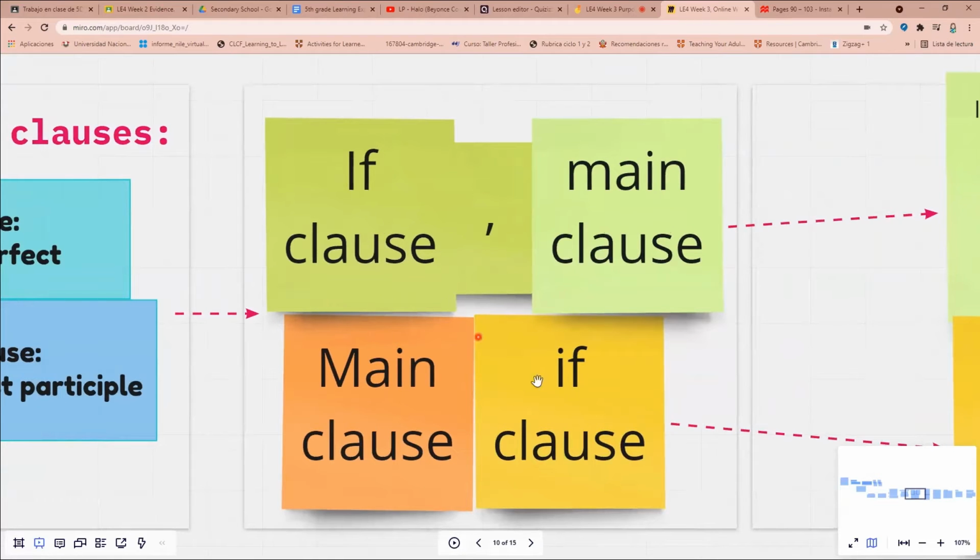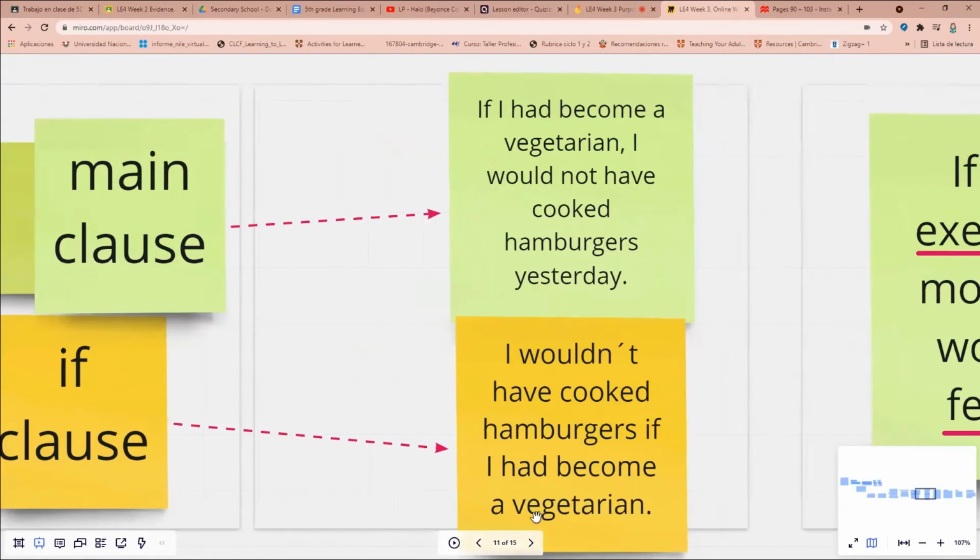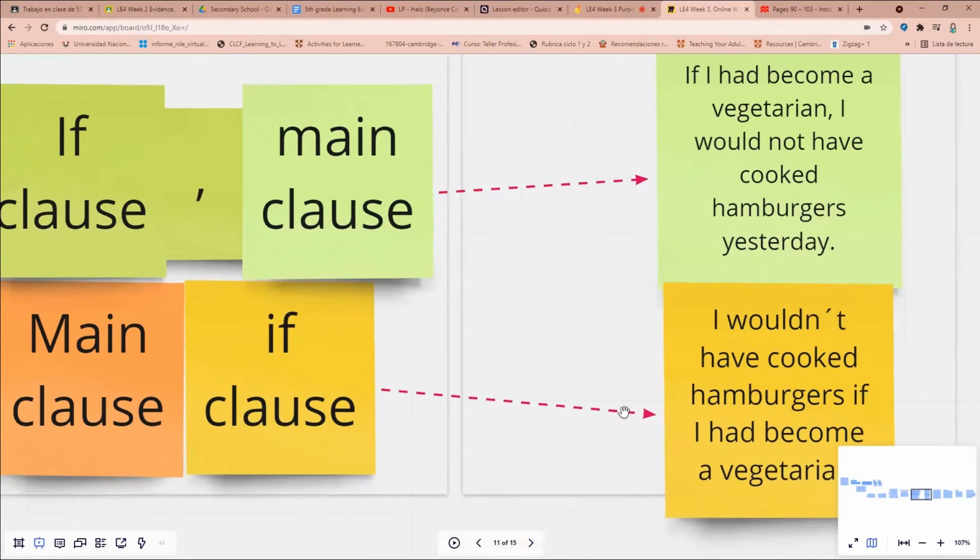I was saying that you can exchange the order, but as you see, when if comes first, we add a comma and then the main clause. And when the main clause is first, you don't need to add a comma. Let's see the examples. Here it is. Main: I wouldn't have cooked hamburgers if I had become a vegetarian. So in this order, I don't need a comma. But if I say the if clause first, I need the comma.